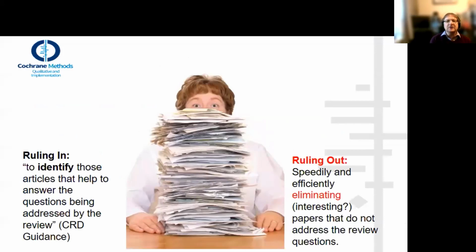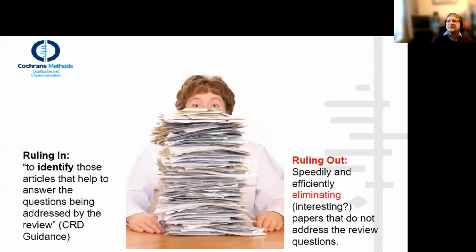And it's very helpful to have as a frame of reference the idea of either ruling in or ruling out. Although these in practice may sound similar, when you're ruling in, this is at that point where you have the full texts of the articles, and you're seeing the extent to which they address the questions being posed for the review.